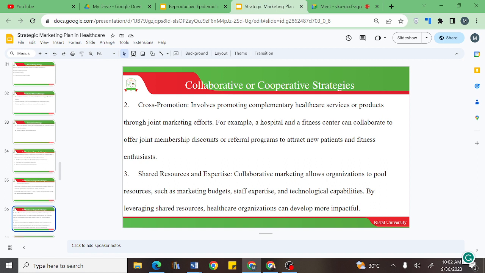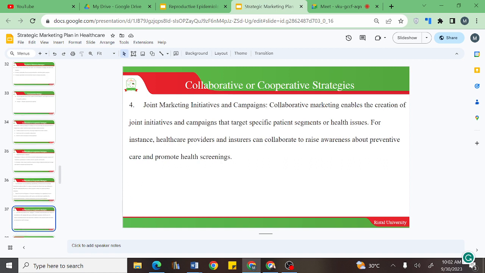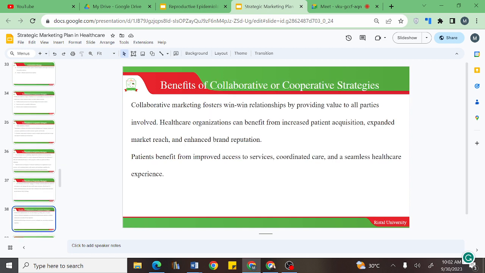It can be staff, technological abilities, or marketing budgets. You can run campaigns in a joint manner. This is very important for cost cutting, but also for generating mutual benefits. These strategies are very important in reducing costs, and therefore all parties in these partnerships or collaborations benefit.